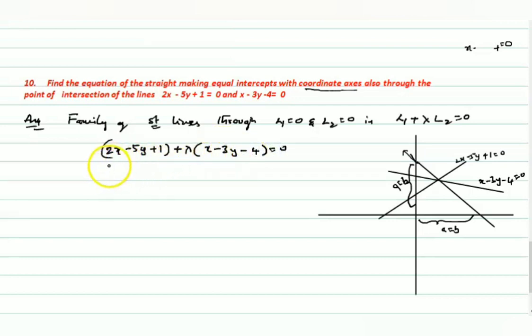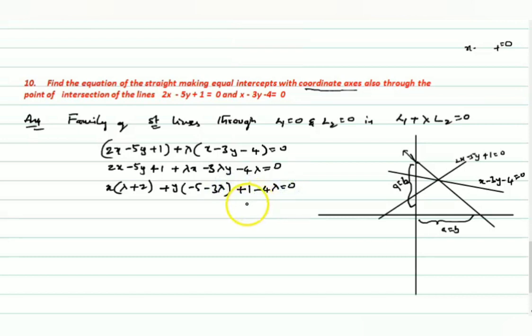So let us multiply. This is 2x minus 5y plus 1 and then this is lambda x minus 3 lambda y minus 4 lambda is equal to 0. If we take x common, it is lambda plus 2, and y, if you take common, there is minus 5 minus 3 lambda, and then the constant is 1 minus 4 lambda is equal to 0.